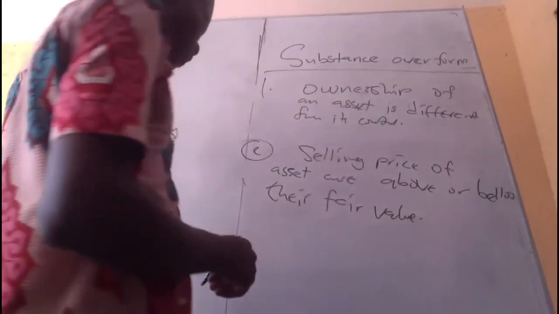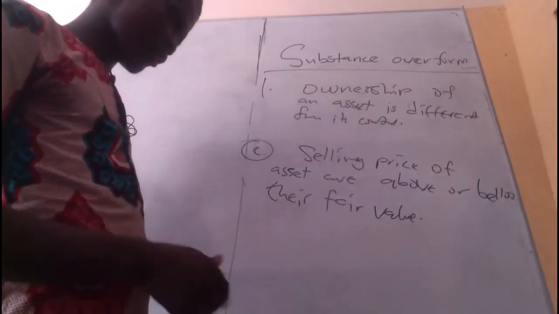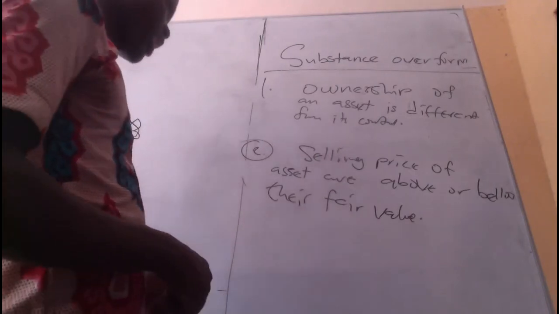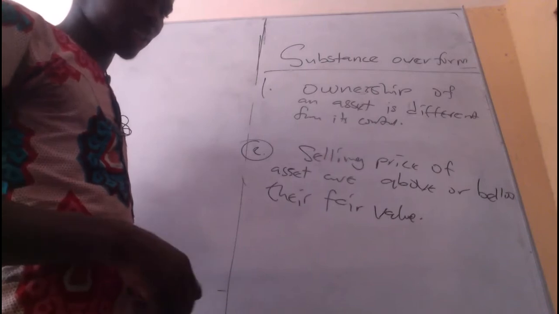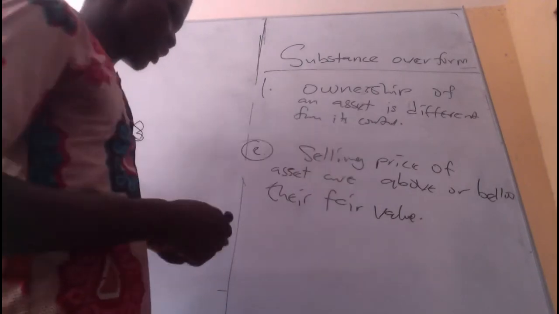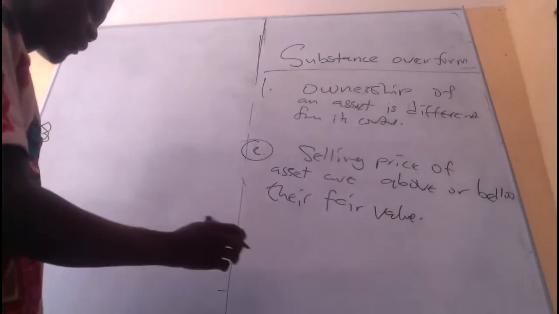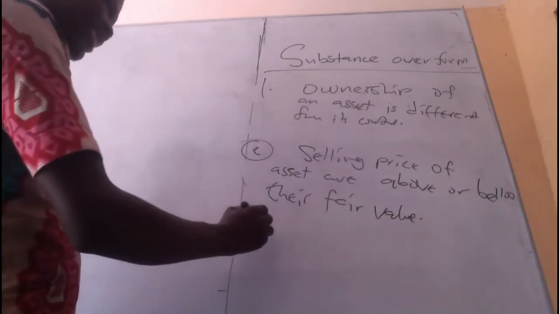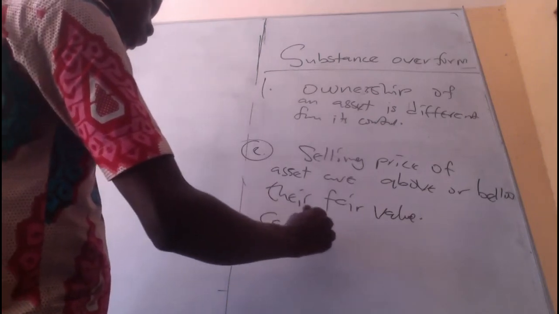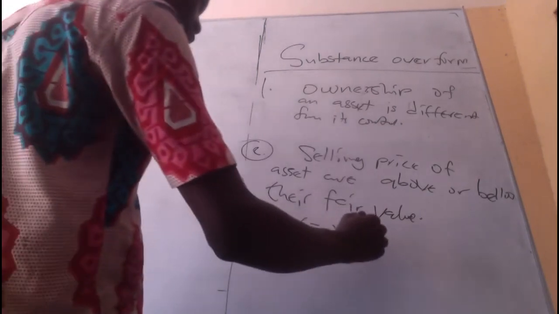So, for instance, the example that I gave with that of the hire purchase agreement. If you take a hire purchase agreement, in fact, the price at which they are quoting is not the fair value. They'll tell you the cash price, which is the fair value of the asset, is 1,000 Ghana cedis.